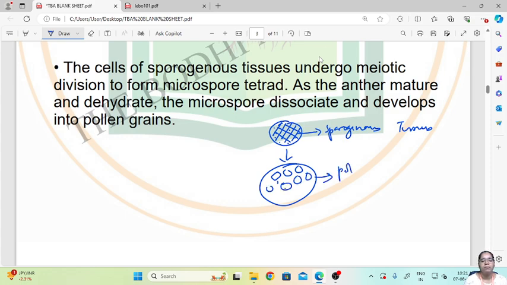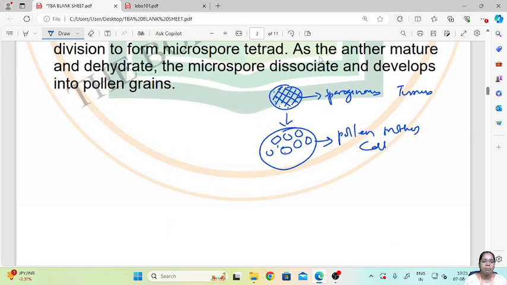The pollen mother cell. So this pollen mother cell will undergo division to form what? The microspore pollen tetrad. Okay, this tetrad will again undergo division to form the what?